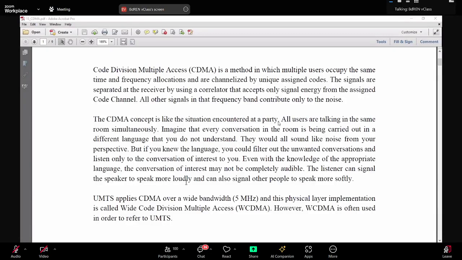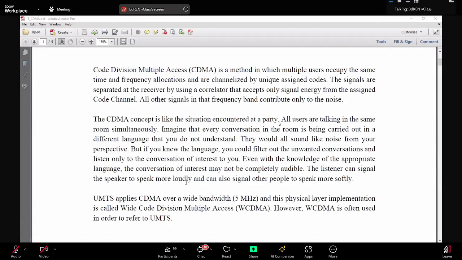If they use a different language that is not at all understandable for you, then you can understand your friend easily because he's using the language that you know. He's using, say, Bangla. People are using Chinese, French, which you don't understand. So although you can hear them, you can still separate what your speaker is saying to you.